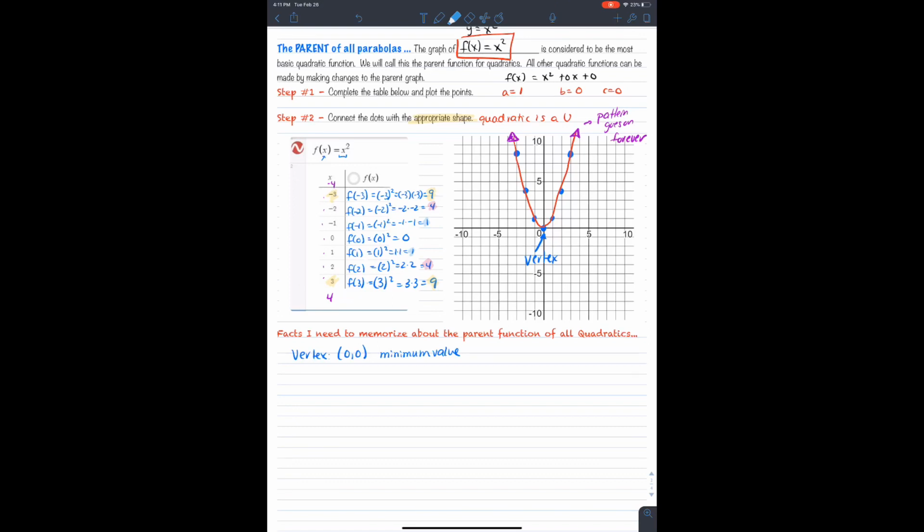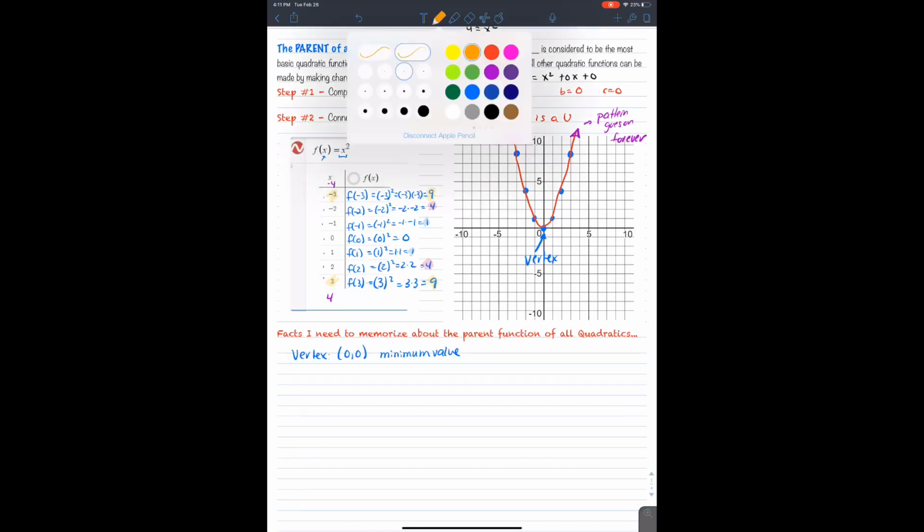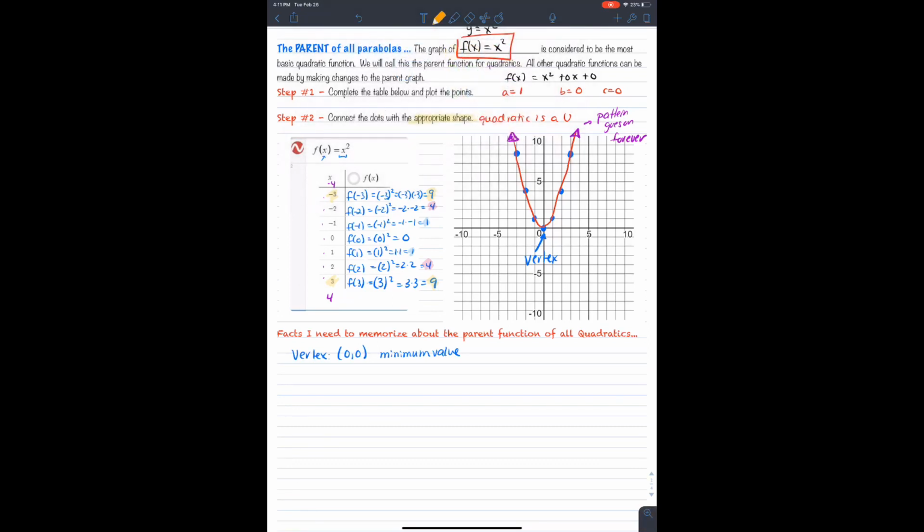So what we can see is that this parabola is symmetric. The axis of symmetry is the line that I would draw to cut this image in half. So right here, this line is the axis of symmetry. I made it dotted because it's not actually part of the graph.